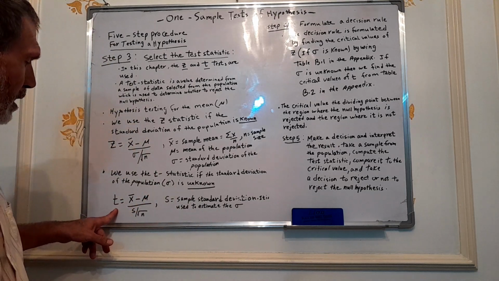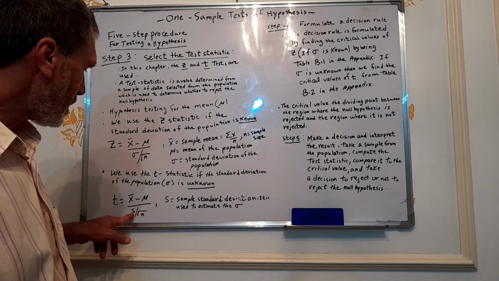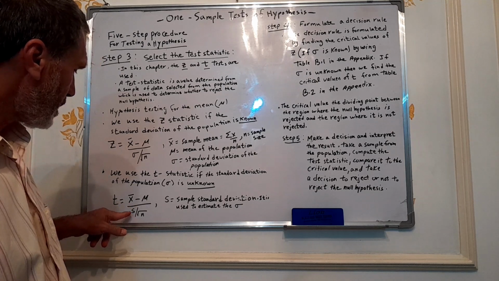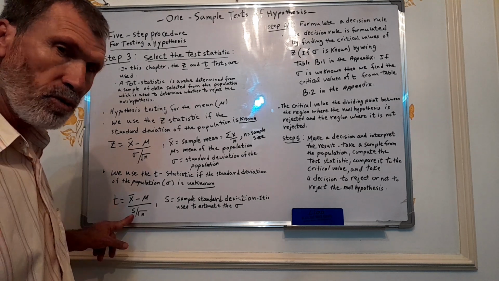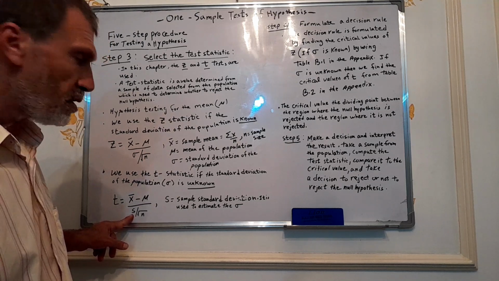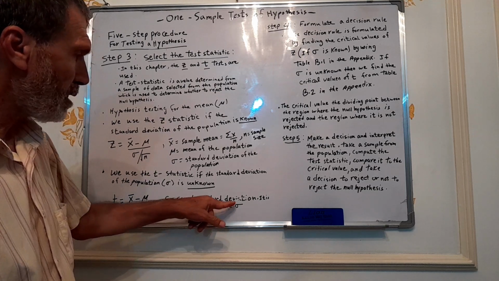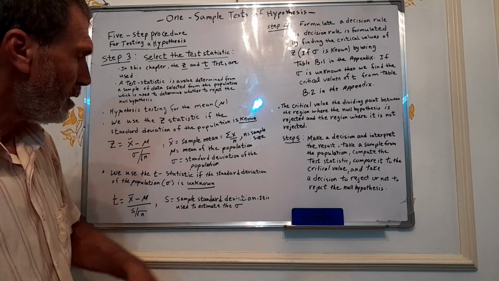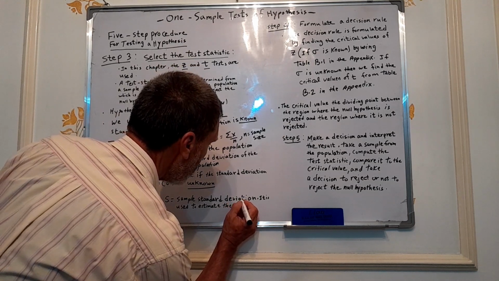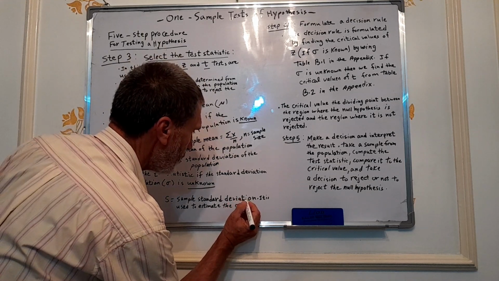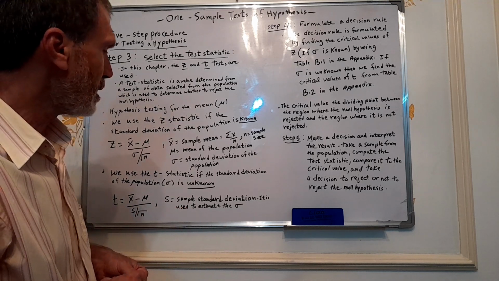The formula of the t statistic is t equals x bar minus mu over s over radical n, where s is the sample standard deviation, which is used to estimate the population standard deviation, sigma, that is unknown.